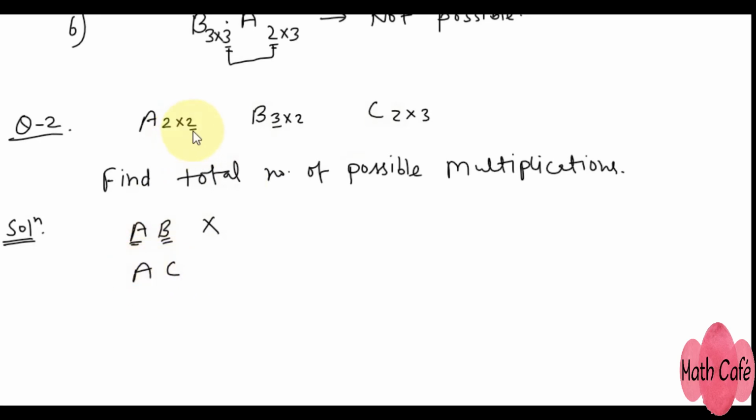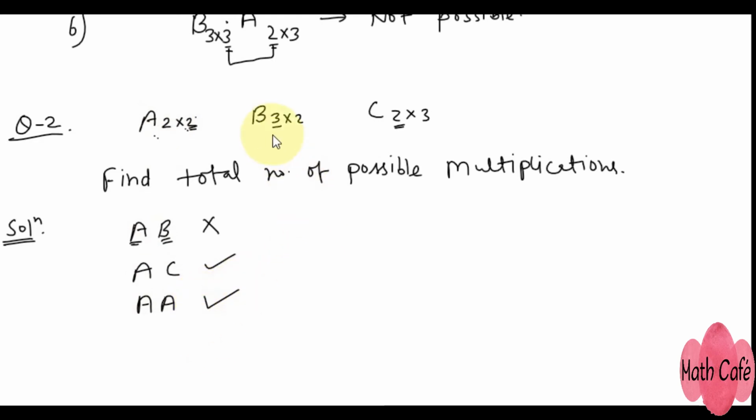AC is possible when the number of columns in A is equal to the number of rows in C. So this multiplication is possible. Alright, next we will see whether multiplication of AA is possible or not. Multiplication of AA is possible because the number of columns in A is 2 and the number of rows in A is 2.